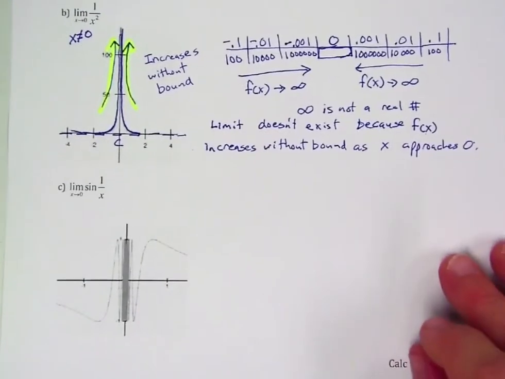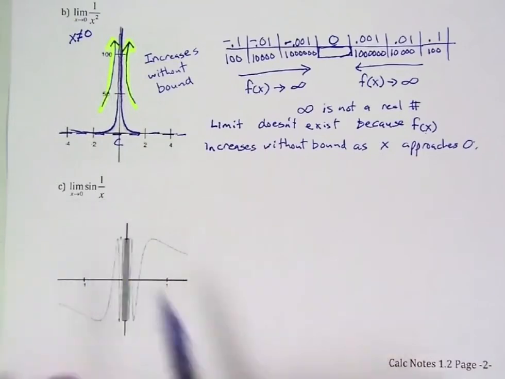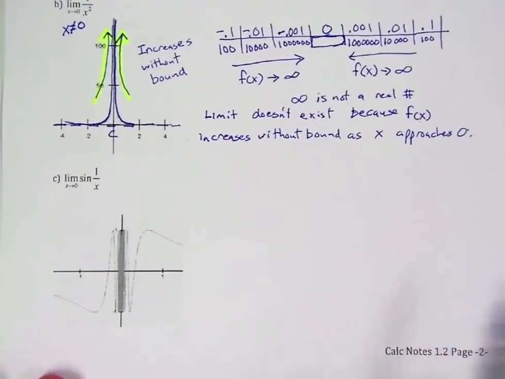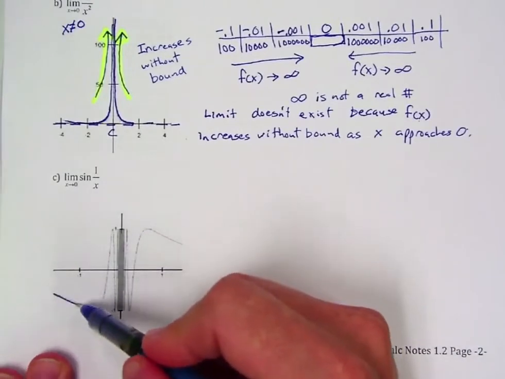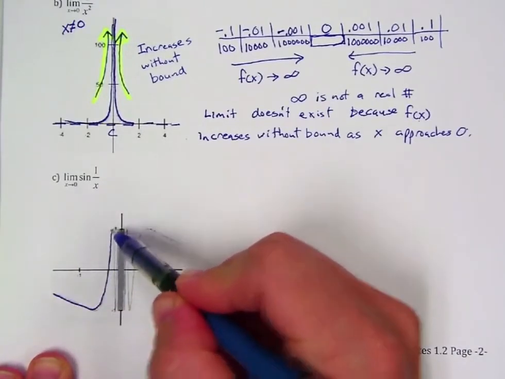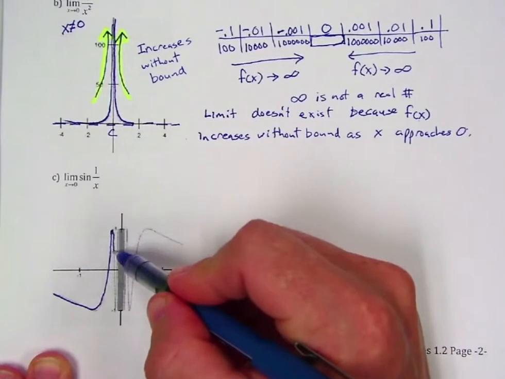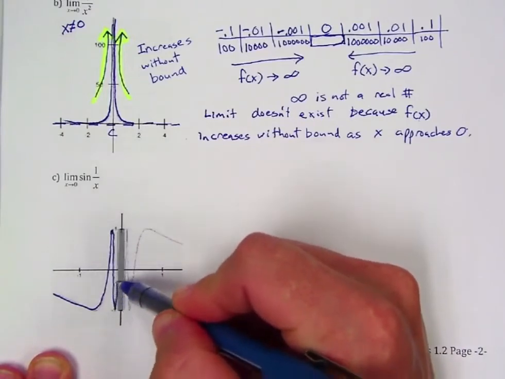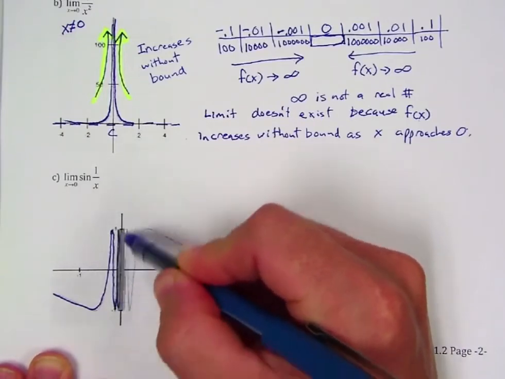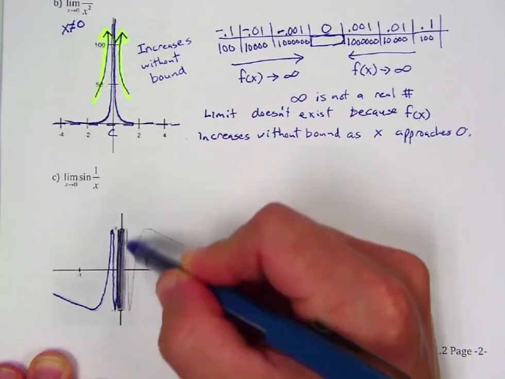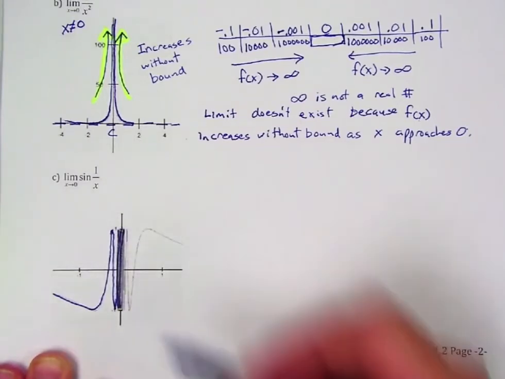We're going to look at a very interesting function, sine of 1 over x. So this is what it looks like on my computer. The graph comes down, goes up to 1, goes back down to -1, and then as we go through here, it just starts going crazy back and forth between 1 and -1.